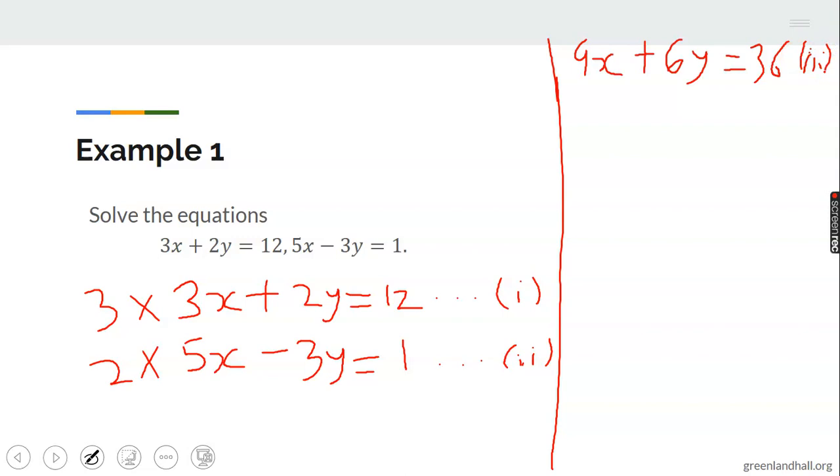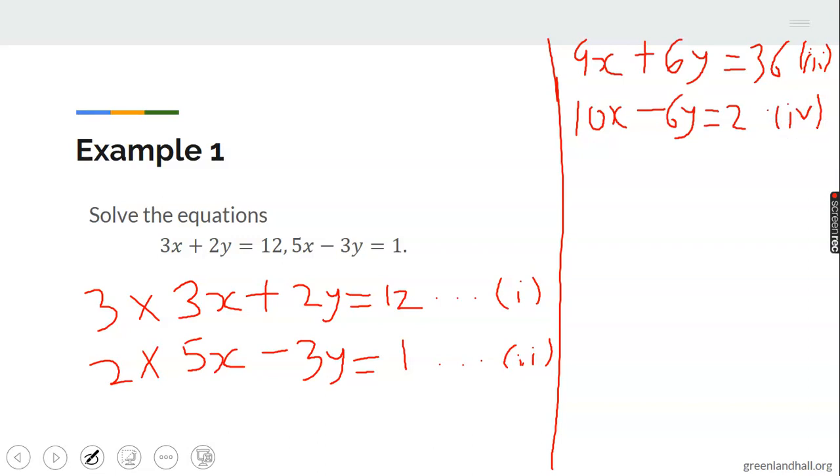This is equation 3. Now we have by 2 here. This will be 10x minus 6y equals 2. This is equation 4. How are you seeing it?